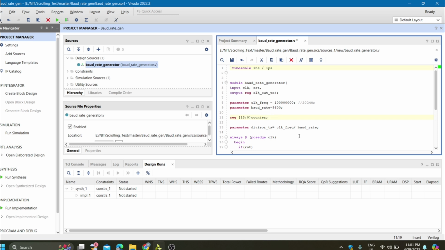So 8,000 is less than this 10,000, so we can't use a 13-bit counter because that value is less than 10,000. That's why we use a 14-bit counter, so that we can easily count up to this value.